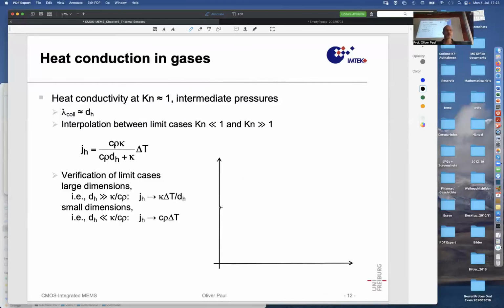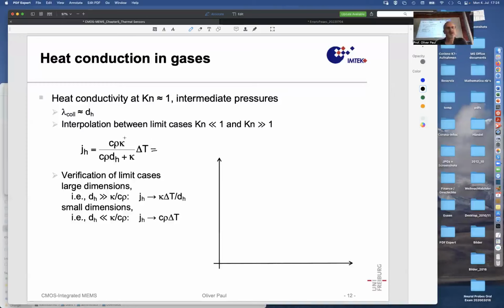And there is some mixture formula that you can see here, which has the L in form of the typical distance dH in here. It has the continuum kappa here, but it has also the C rho here. And so when preparing for the lecture yesterday, I thought, can we transform this a little bit?